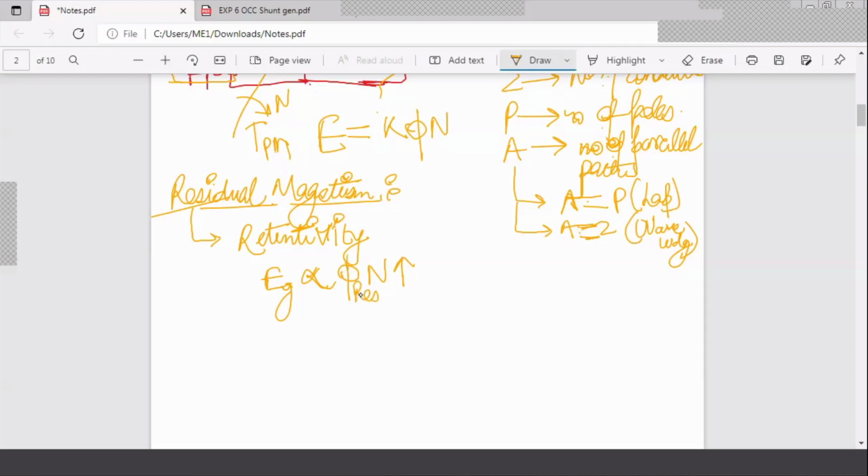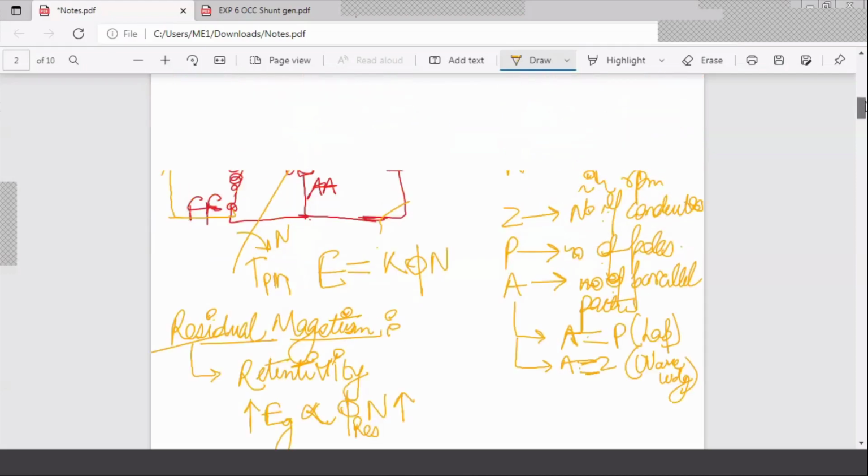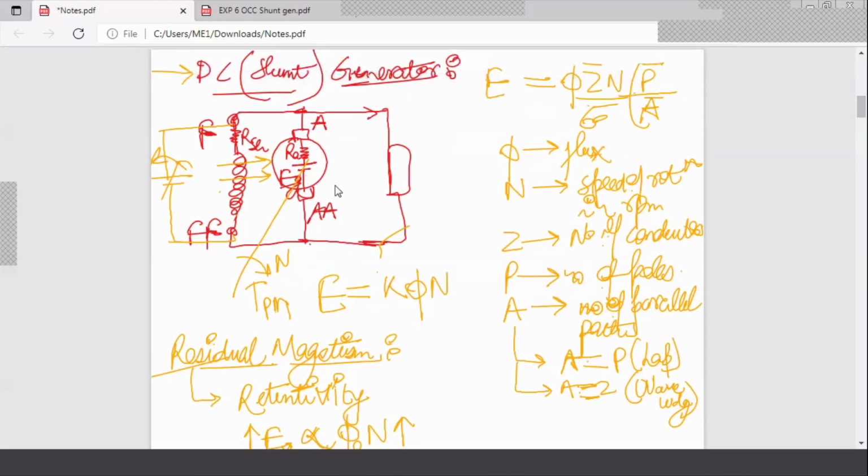This will be very, very weak. But if the speed is increased and a small amount of flux is still there, that will lead to production of the generated EMF, isn't it? Because of the residual magnetism. If this generated EMF increases, what will happen eventually? This will lead to a flow of current through it now, isn't it?